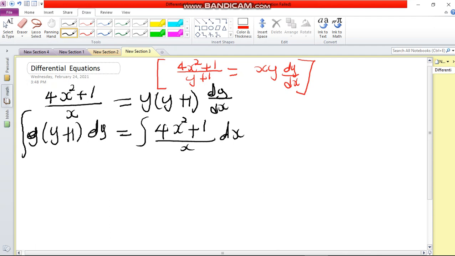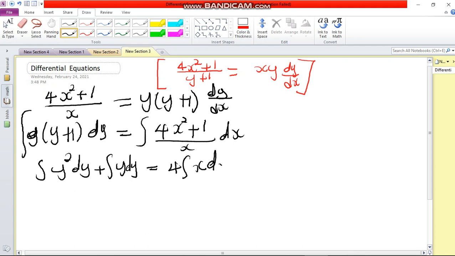On the left hand side we can simplify this bracket and say this is the integral of y squared dy plus the integral of y dy. Even on the right hand side we can simplify. x squared divided by x is x, so this is the same as integrating x dx. You can always take out the constant, and then on this side we are integrating 1 over x dx.